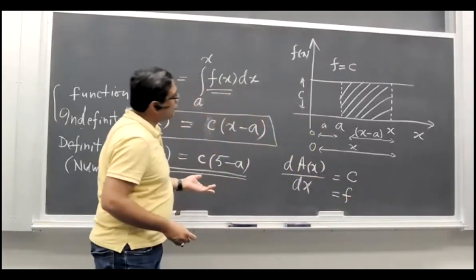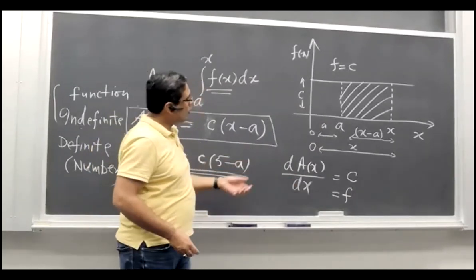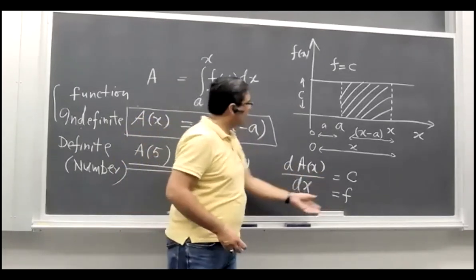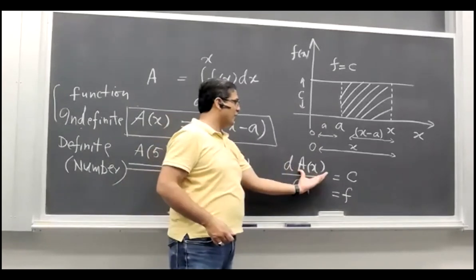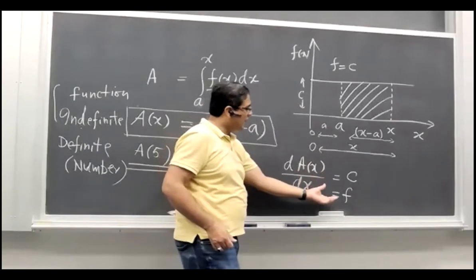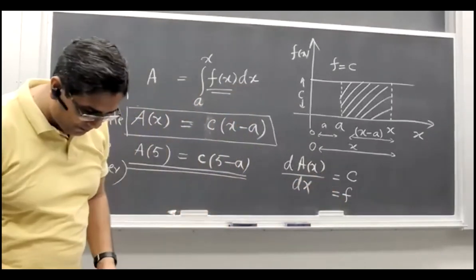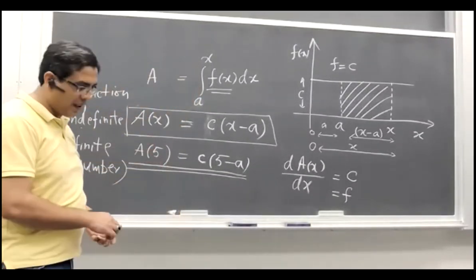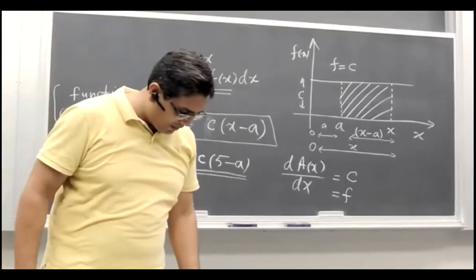So with this example, I wanted to show you that the area under the curve or the antiderivative is related to the function itself. So if we take the derivative of the area under the curve or the antiderivative or the sum, we get the function back. And this is called the fundamental theorem of calculus, that the function and the integral are related to each other.